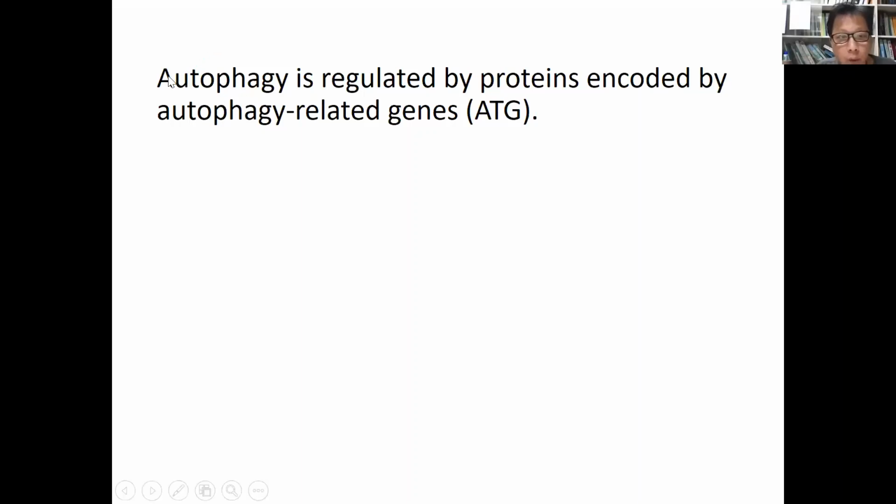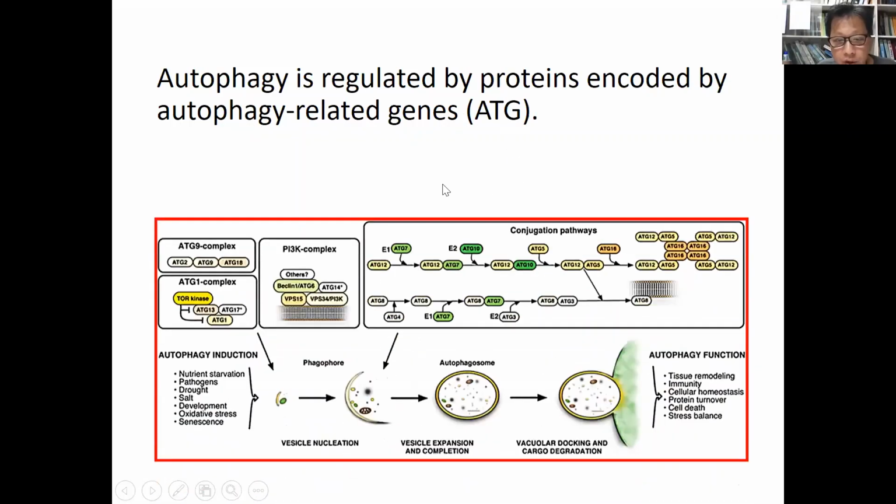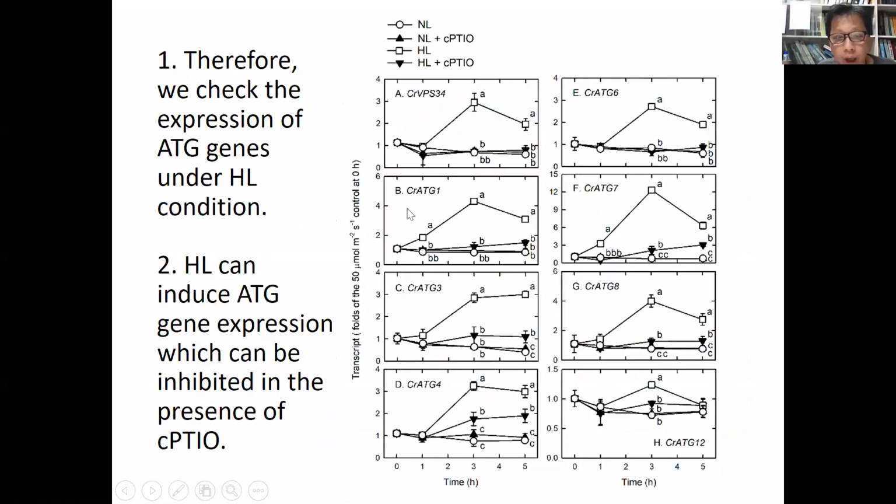Generally, we analyze the ATG genes because autophagy is regulated by proteins encoded by autophagy-related genes, ATG, like this one. Okay, therefore we check the expression of ATG genes under high light condition, and we are very lucky.